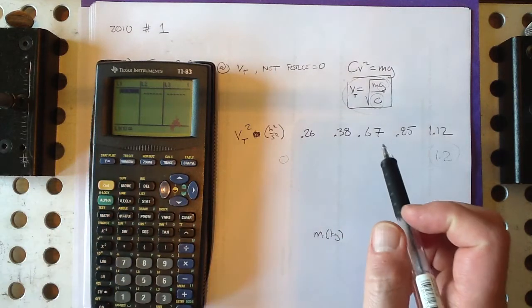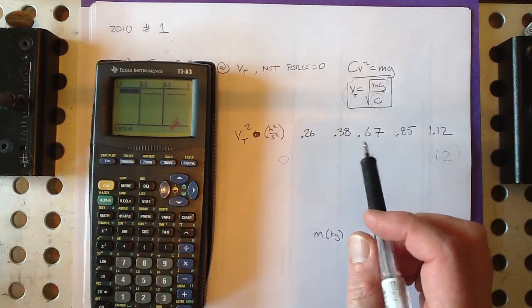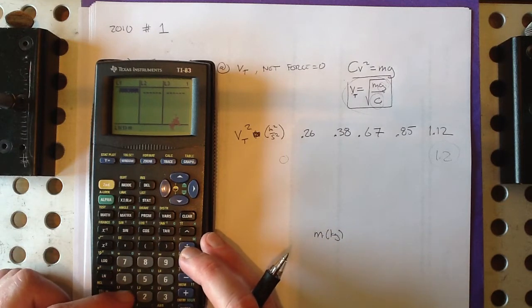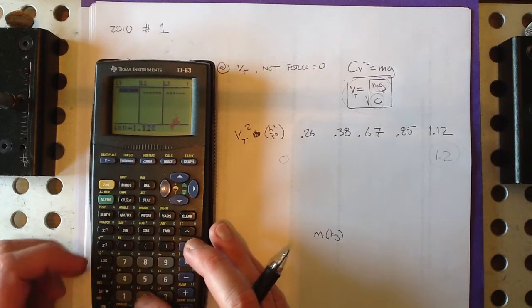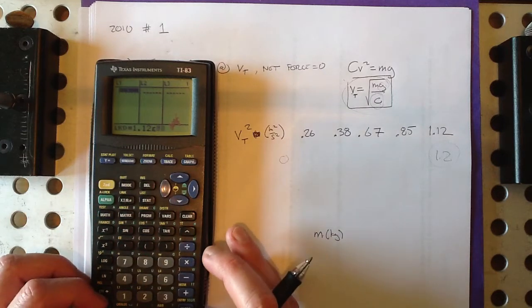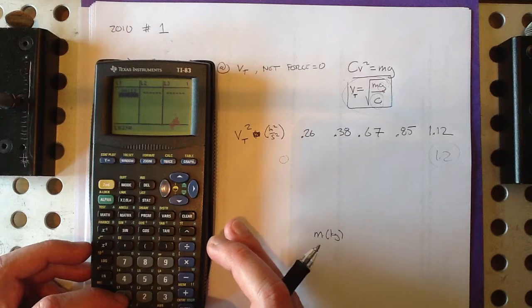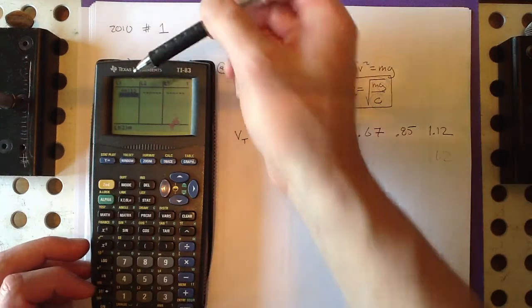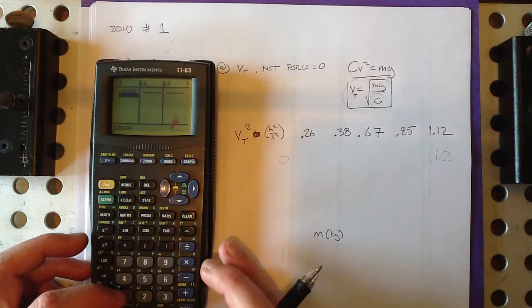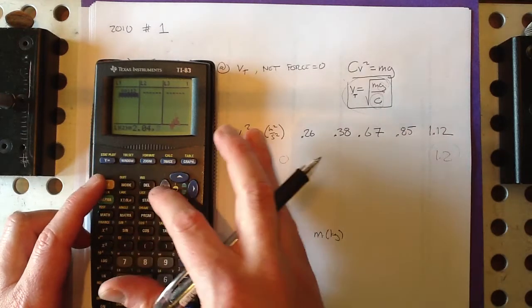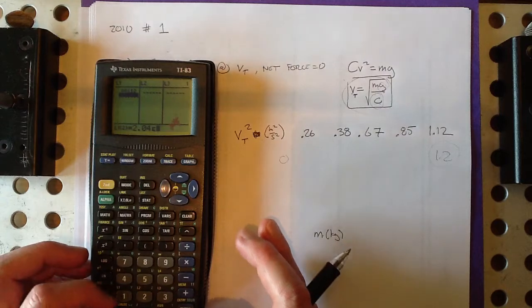Okay, so my x-axis, I want to have the masses of these things. So that is 1.12 times 10 to the negative 3. Enter. And see, the calculator converted that to a decimal for me, but I'm just going to keep entering them like that. So to the negative 3.